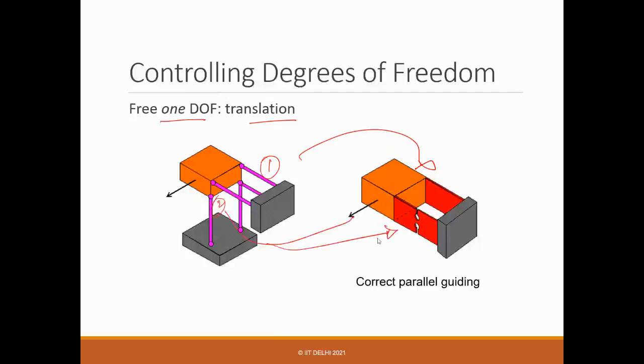So you'll be able to explain vice versa. I ask you to deliberate on this design, you should be able to make this equivalent design with wire flexures, and you will be able to explain how it is constraining the other 5 DOFs except this translation, right?